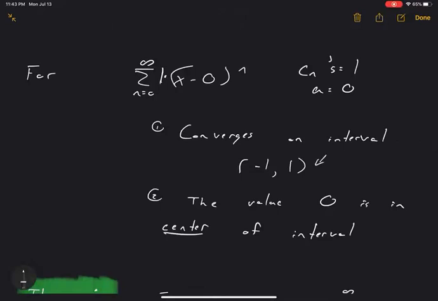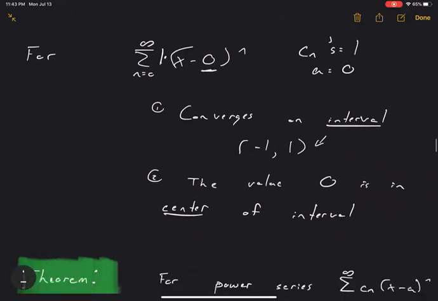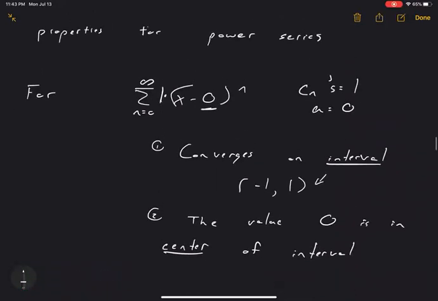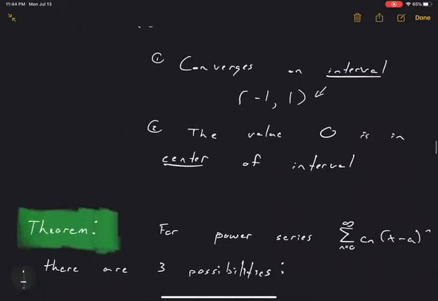Okay, so it converges on an interval. And that value 0, the center, is right smack dab in the middle of my interval. Okay, so these are kind of properties that are common for all power series, and we're going to develop that in the next theorem here. But just keep this example in mind as we state what's going on in the next theorem.